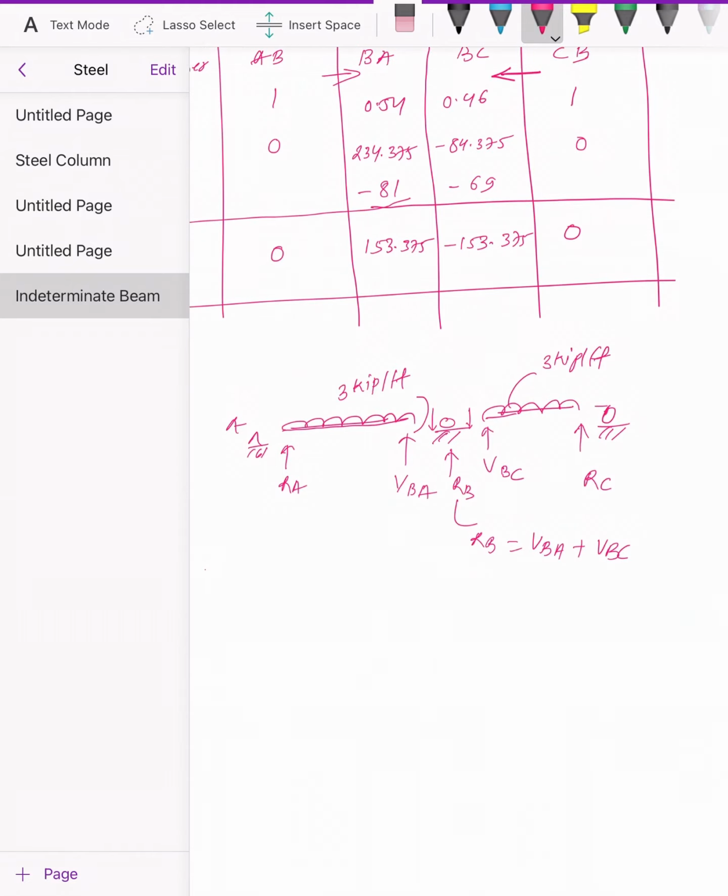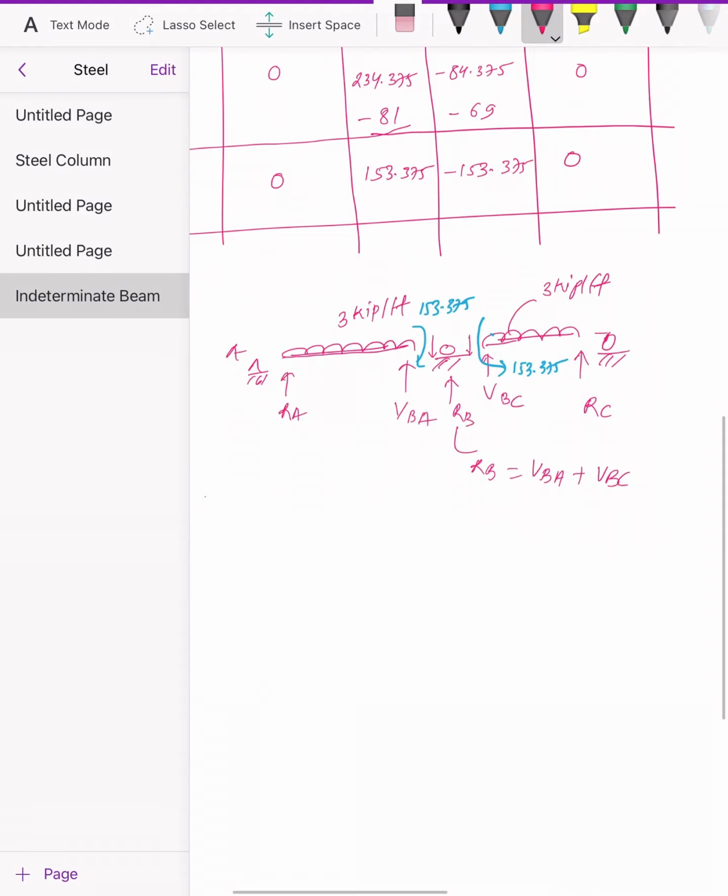So we have a clockwise moment of 153.375, and we have an anti-clockwise moment right here, 153.375. Putting all those together, we create a free body diagram and try to find the reaction at A, the reaction at B, and the reaction at C. We already got our moment.